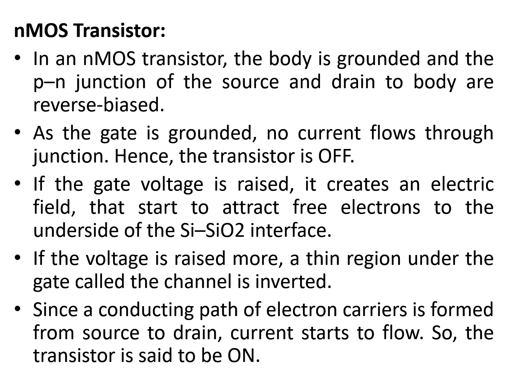If the gate voltage is raised, it will create an electric field that starts to attract free electrons towards the underside of the silicon dioxide interface, and if the voltage is increased further, a thin region will be formed under the gate, which is called the inversion channel. Since the conducting path of electron carriers is formed from source to drain, current starts to flow, and in this case we consider the transistor to be in the on state.